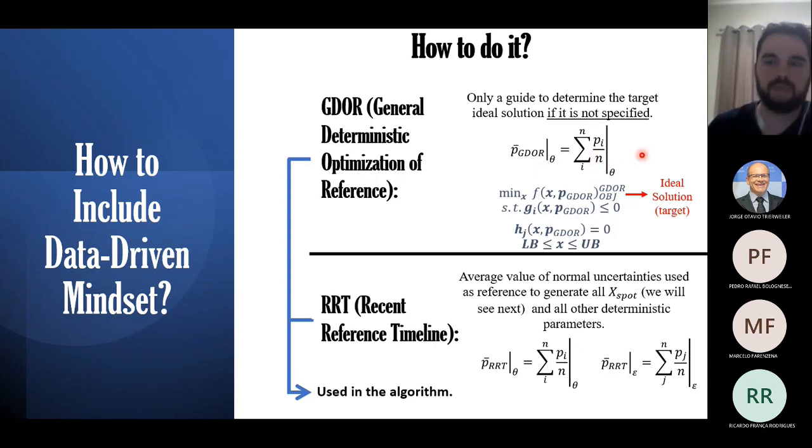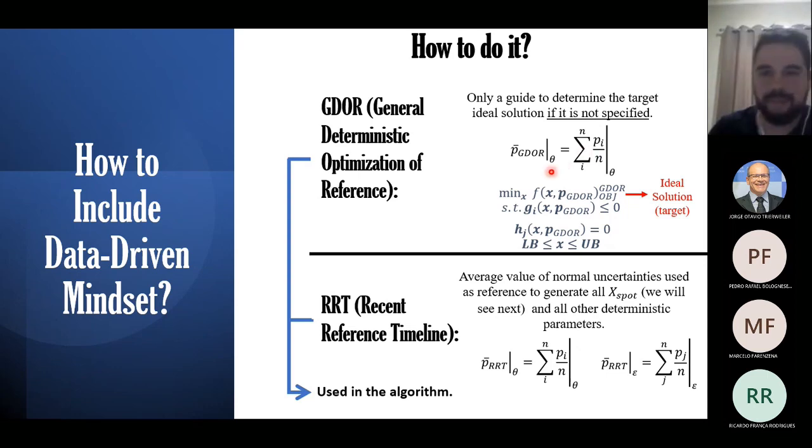Okay, so for example, suppose you have 2 years of data, and in these 2 years of historical data, you made 24 optimizations, one per month to be precise. So each month we make a deterministic optimization in our company, and we know that for each month we have the data for that month, okay? So N is the number of months in this case, that is 24, the number of optimizations, and I is the indexed parameter.